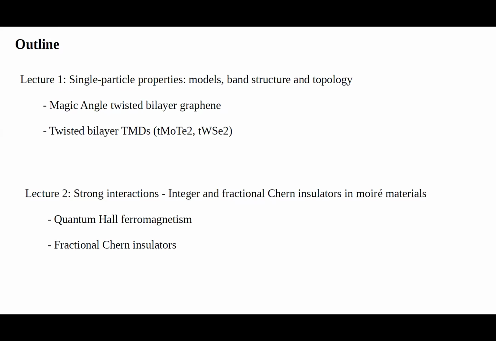So this is going to have us talk about quantum Hall ferromagnetism, with or without a magnetic field, and fractional Chern insulators, which are the lattice equivalent of the fractional quantum Hall effect in the absence of a magnetic field.